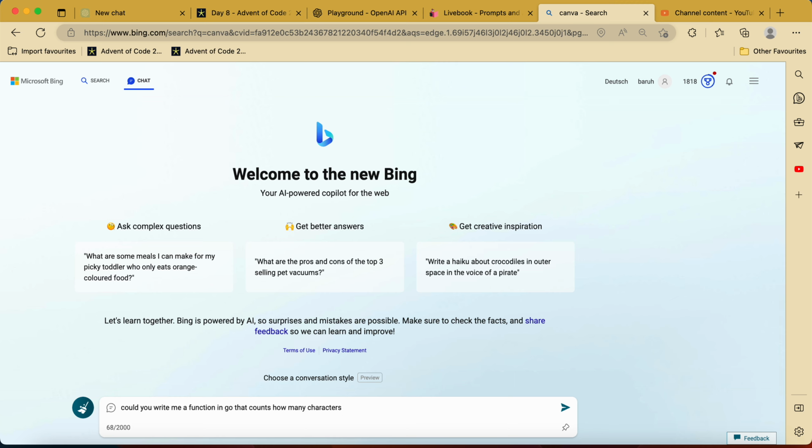there's two strings, common characters, regardless of the character position.